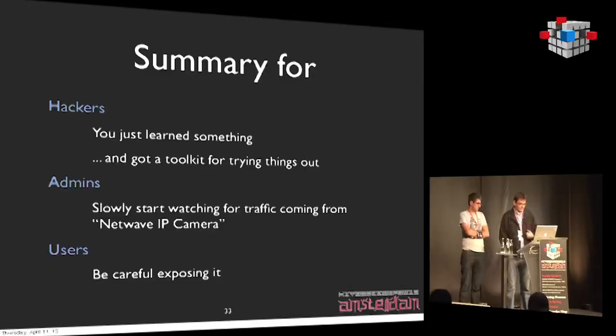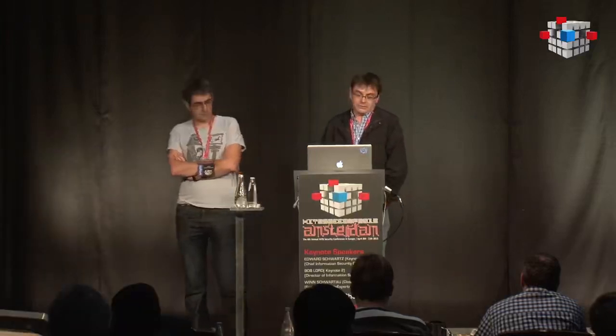And for regular users, just don't expose it. That would be the best thing to do for now. Or get a more expensive camera, but who knows what other vulnerabilities are there. We didn't do any hardware research, because first, we don't have any experience in hardware hacking, and second, there is the OpenIPCam forum. We listed all the references on the last slide.